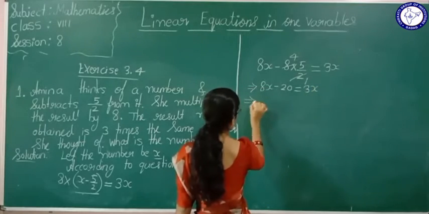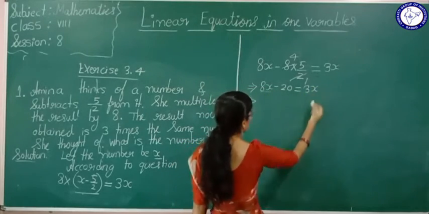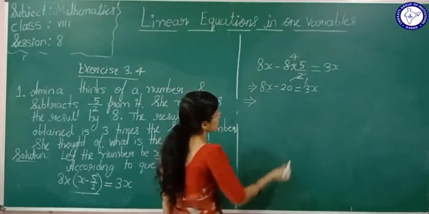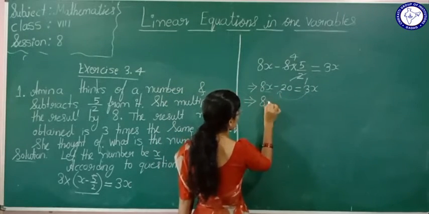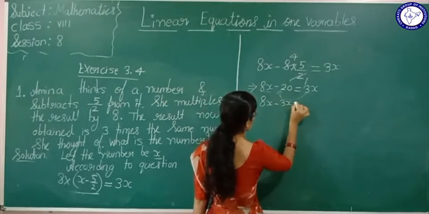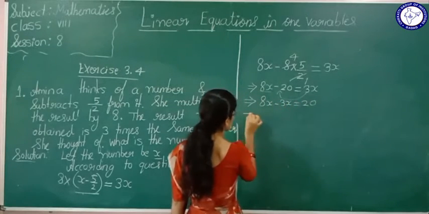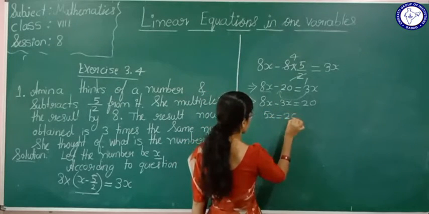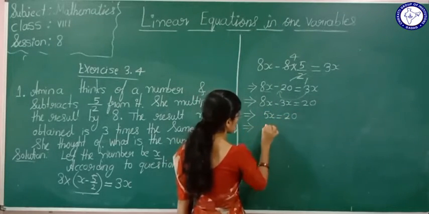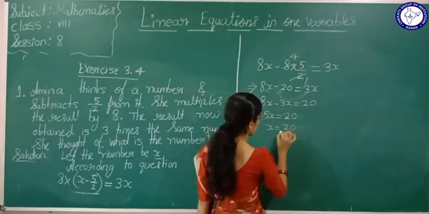We take the variables on one side. Just transpose this term, it will become 8x minus 3x is equal to 20. What is 8 minus 3? It is 5x is equal to 20.